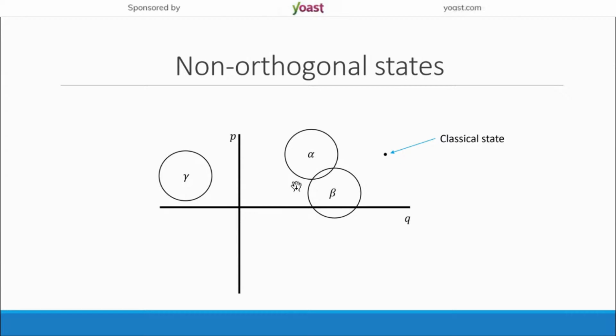There is some overlap. So we cannot really distinguish between two states easily. While if we have the points, each one of the points is apart from the other. So keep that in mind, and I continue.